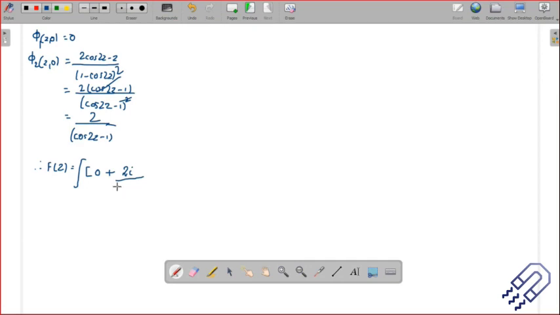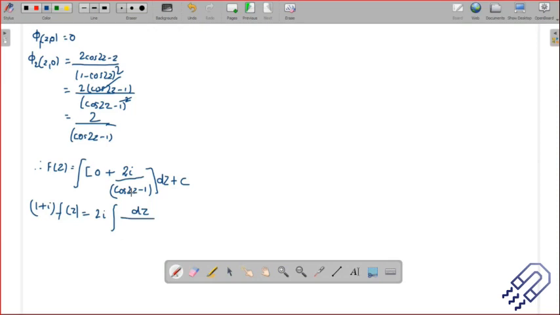So cos of 2z minus 1, take it, and this will be dz plus c. So you should be getting your answer now. So 1 plus I f z is equal to this 0, so I will take 2I, and this will be dz.